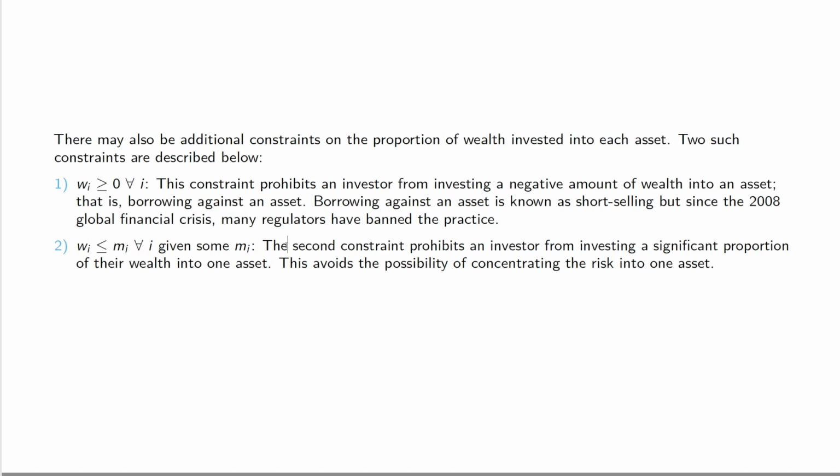So here I've specified that each asset has its own restriction weight, which I've called w-bar i. In other words, asset 1 might have a restriction of 20%, asset 2 might have a restriction of 30%, and so on and so forth.